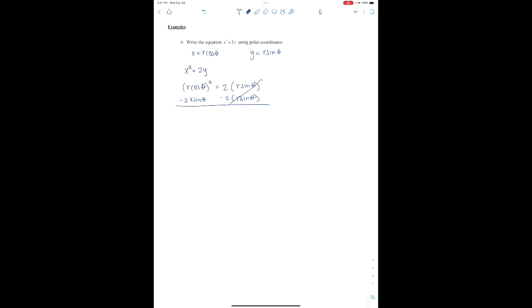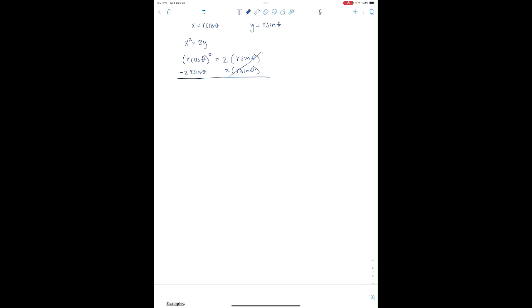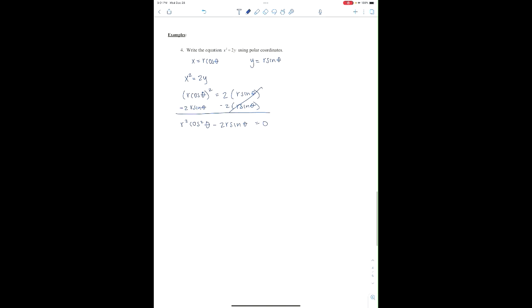So those cancel out, and what we have is r squared cosine squared theta minus 2r sine theta equals 0. And that is where we'll stop. That is our equation using polar coordinates. We have our r, we have our theta, we don't have any more x's and y's, so we're good.